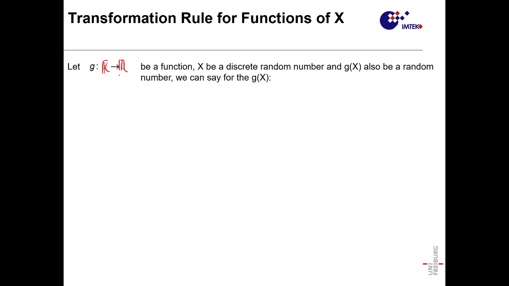So let's have now, and this is another on-the-side thing because it's useful for the next thing to do. Let's say that you have a function g that maps from the real to the real numbers, and g of x is a discrete random variable. Then the expected value of this function is the same as for the random variable x, but you take the whole function.